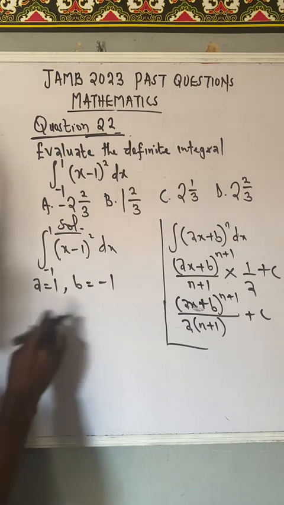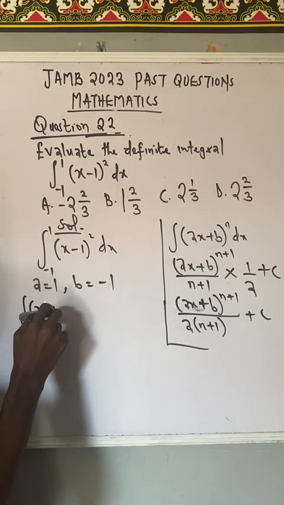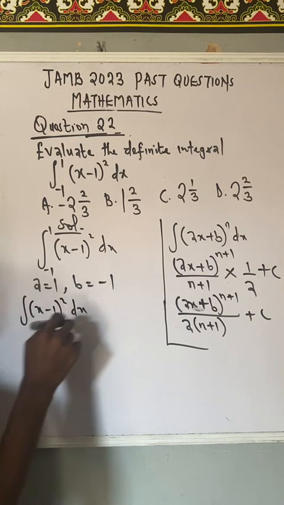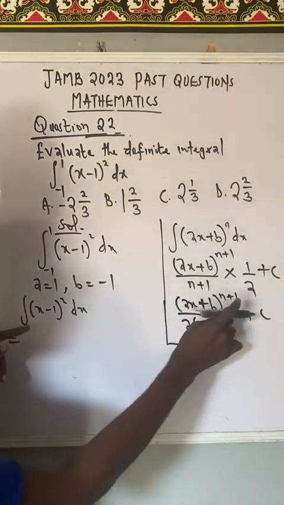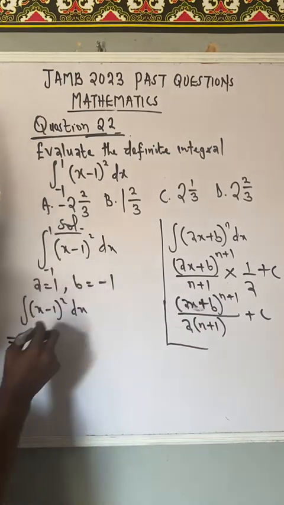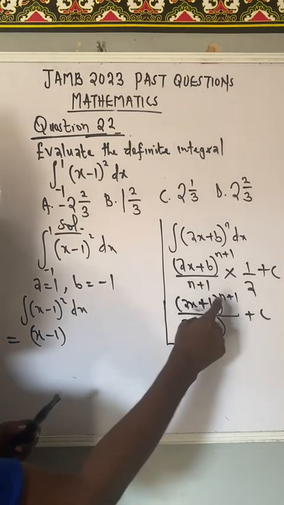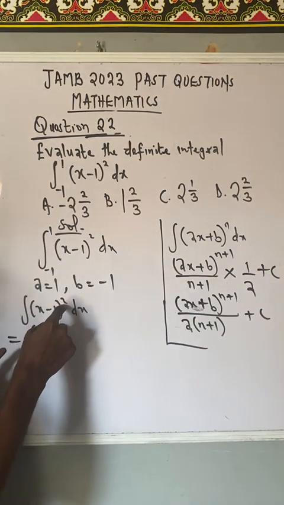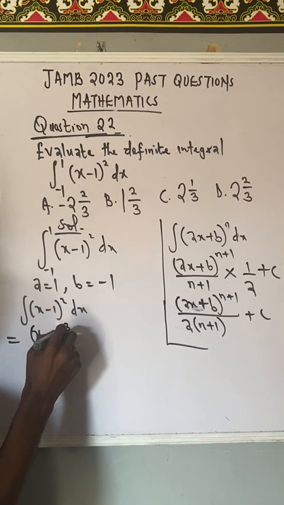The integral of (x minus 1) squared with respect to x is going to give me, applying this, ax plus b. So I will rewrite whatever I have. That's (x minus 1) raised to the power of n plus 1. That is the original power, add 1 to the original power. That's 2 plus 1, that will give me 3.